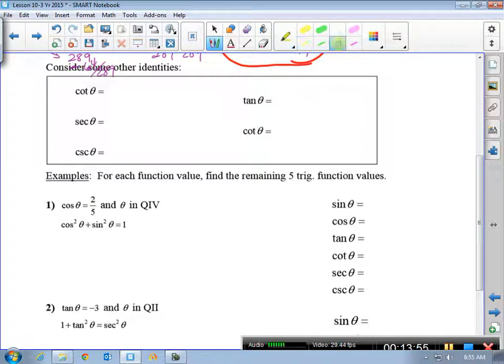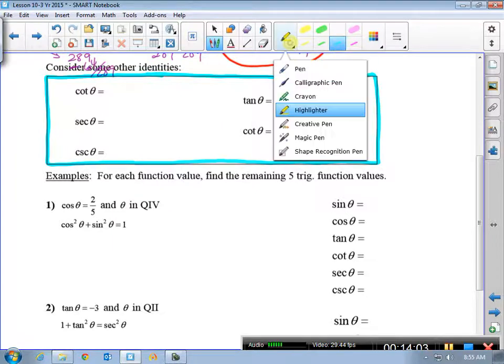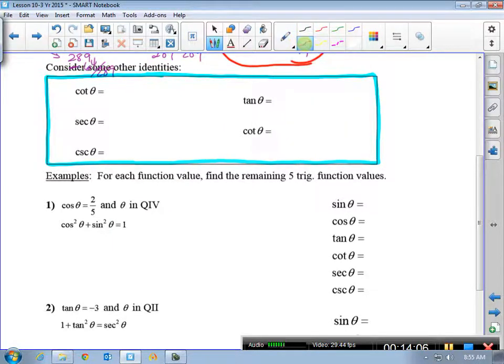Quick little review and reminder here. We can use some other identities, and these are always good to recall and know. Cotangent is the same as 1 over tangent.